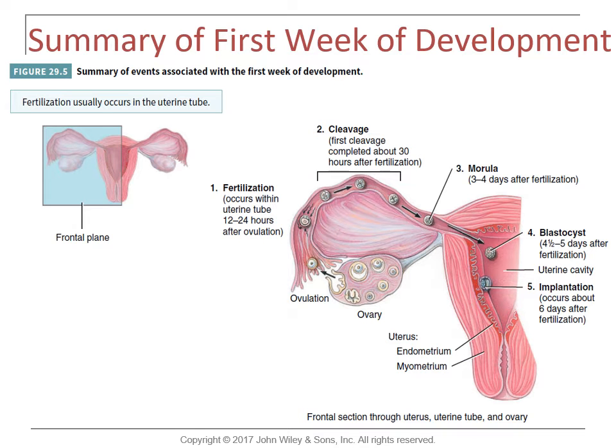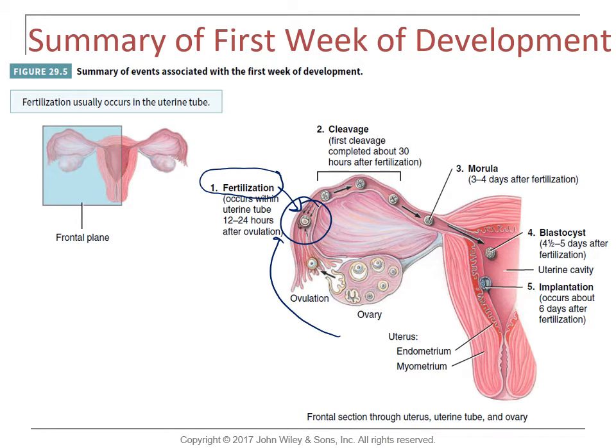The major events associated with the first week of development are summarized in this figure. As we can see, the first one is fertilization. As we said, it occurs within the uterine tube 12 to 24 hours after ovulation, right? So here we have ovulation taking place, and here in the uterine tube, that's where fertilization takes place.